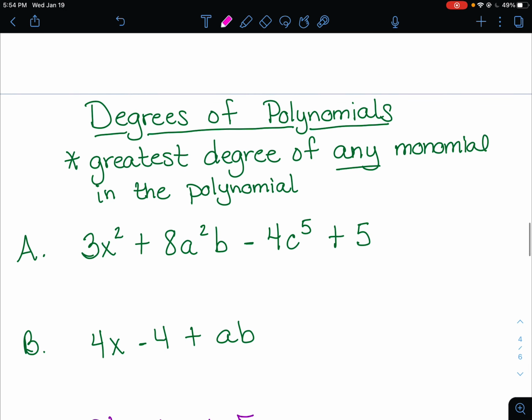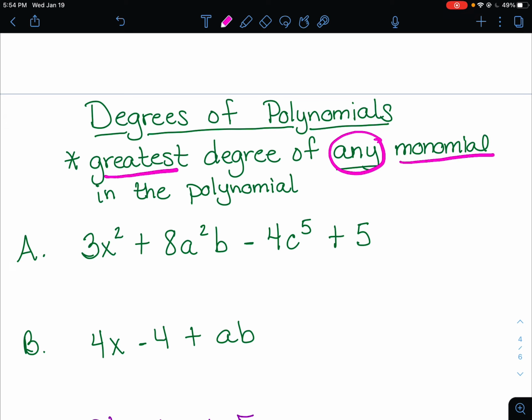So this is if you have a whole bunch of pieces together and you want to find what's the degree of this whole polynomial. So we're looking for the greatest degree of any monomial in the polynomial. So we're looking at individual terms and we're looking for the greatest one. So if we looked at this, we could say this is a polynomial.